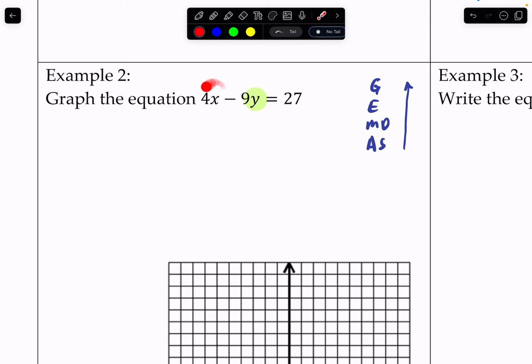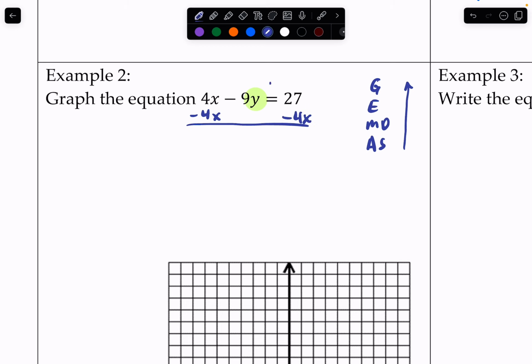We want this y to be by itself on the left. So if we want to get rid of an entire term, you're going to add or subtract. If you want to get rid of just a coefficient, something that's attached to a variable, you're going to multiply or divide. I want to get rid of this entire 4x, so I'm going to start by subtracting 4x from both sides.